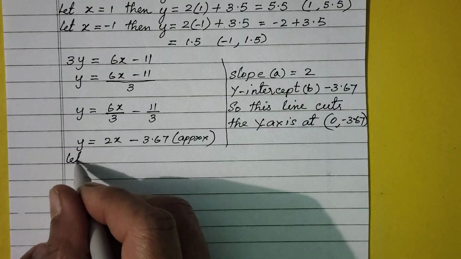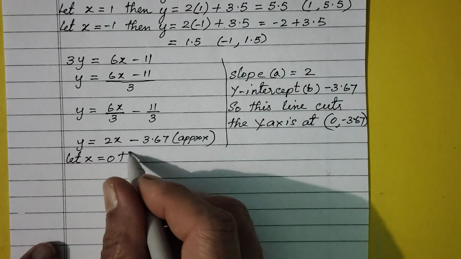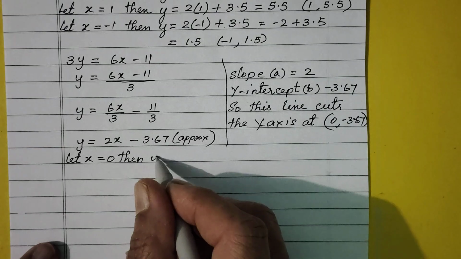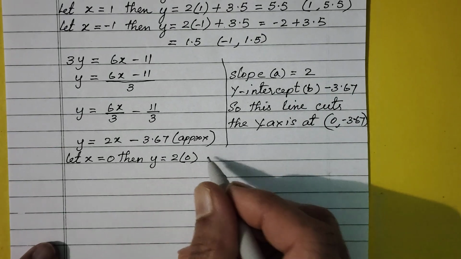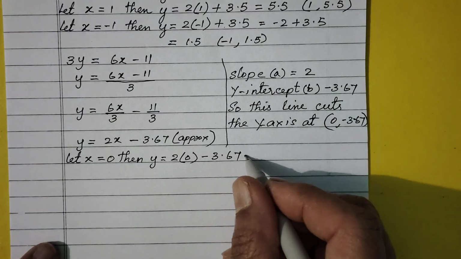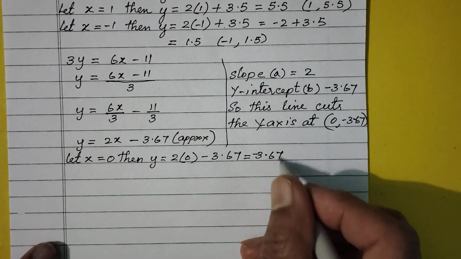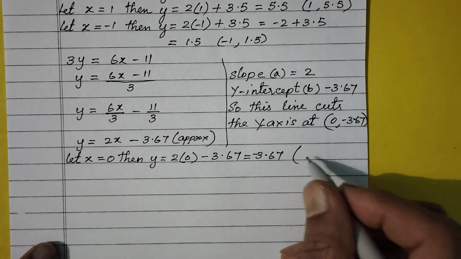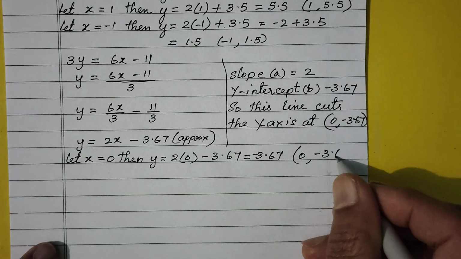Let x be equal to 0, then y will be equal to 2 into 0 minus 3.67. That's equal to minus 3.67. So the x coordinate is 0 and the y coordinate is minus 3.67.